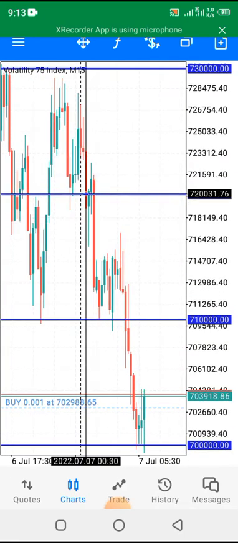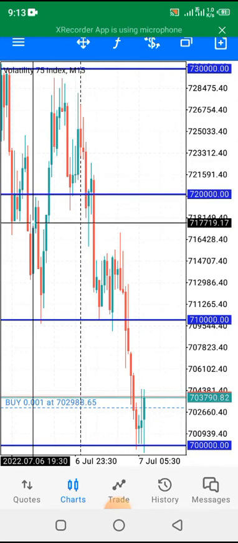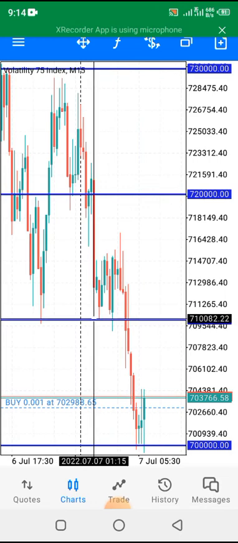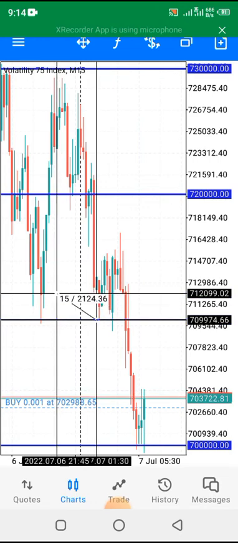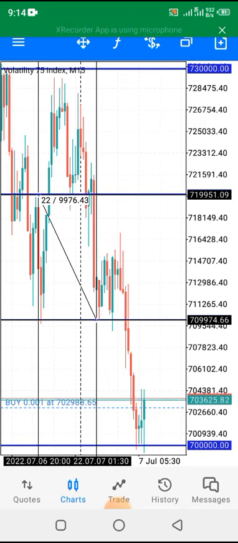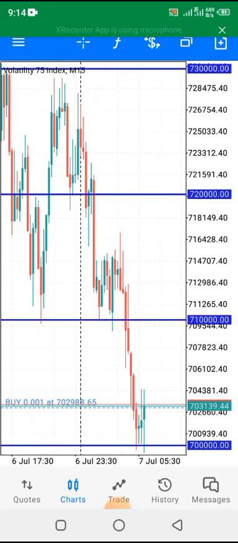You see the difference between here. This is 71,000, right? The difference between 71,000 and 72,000 is probably 1,000 pips. These are like 1,000 pips in VIX-75. So those are so many pips, guys.